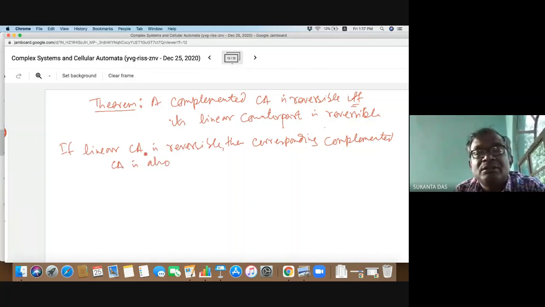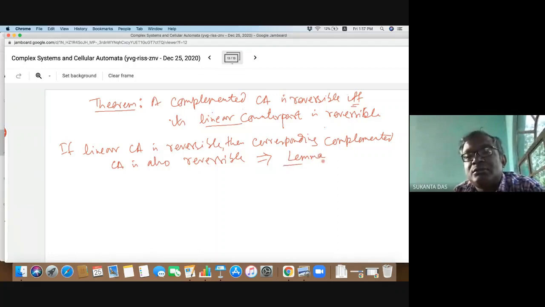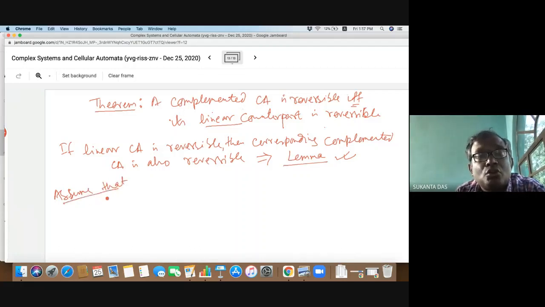You assume that linear is reversible, then show that complementary is reversible, which we have already proved. That's the lemma, right? That part we have already proved. But for the other part, I have to prove, assume that the complementary CA is reversible. Now assume that. So the other part I have to prove is the necessary part. Assume that the complemented CA is reversible.